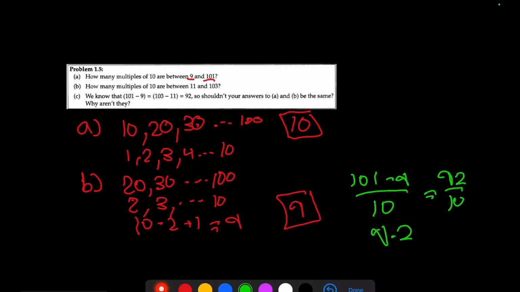And that's why it doesn't work. When you get 9.2, is it 9? Is it 10? We don't really know. That's the problem with the shortcut. And if you do the same thing between 11 and 103, you'd get the same difference, 92. So you won't really know whether it's 10 or 9. So that's why you don't use that shortcut.